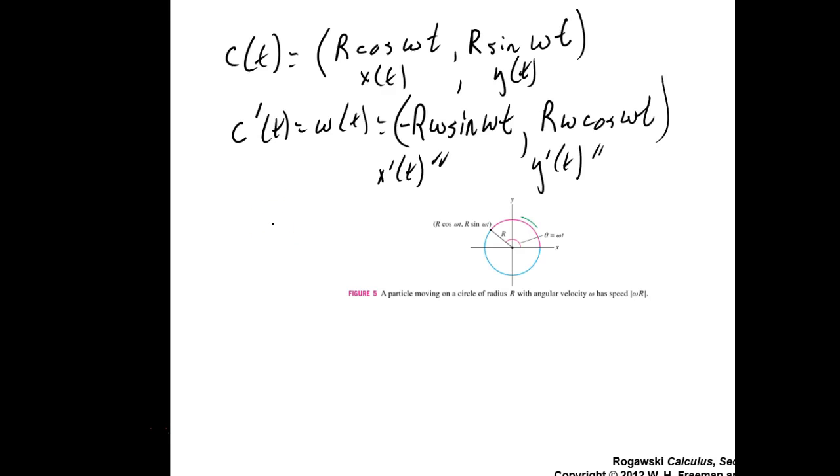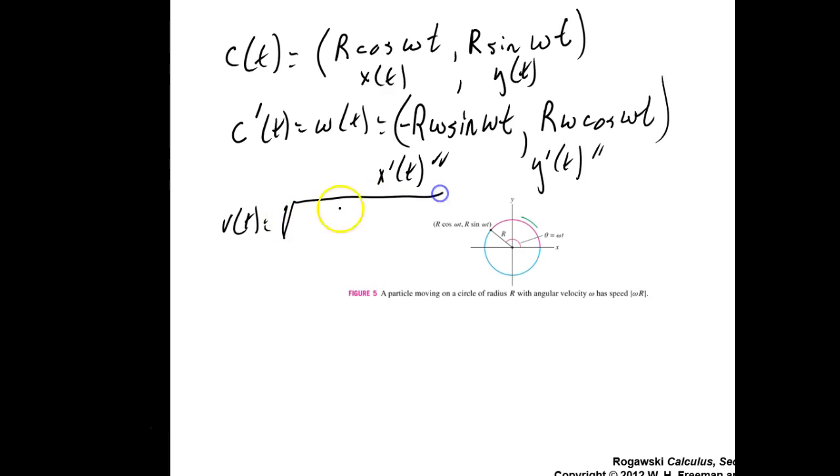Let's call it v without the vector over it, v of t. And that would be, how does the Pythagorean theorem go?